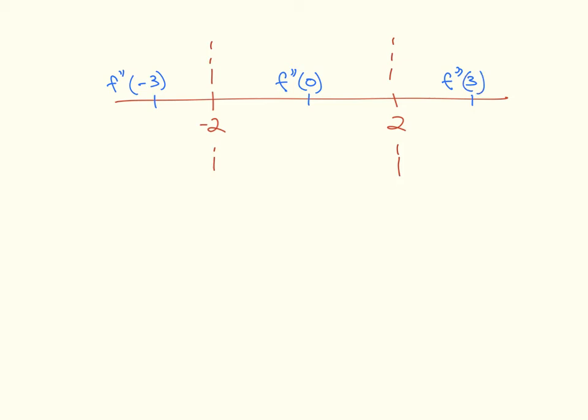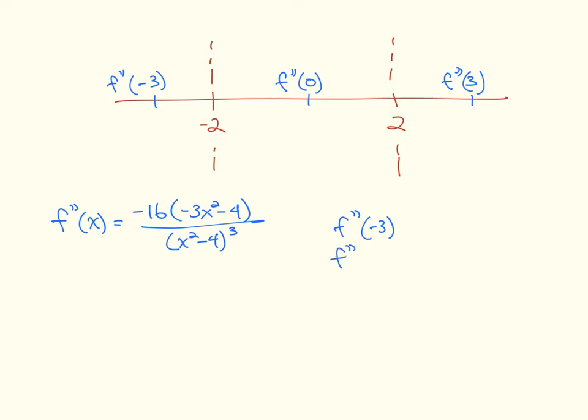So when you go back and look at the second derivative, which is here, and evaluate the second derivative at each test value, f double prime of negative 3, f double prime of 0, and f double prime of positive 3, the only thing that needs to be checked is whether or not these values are bigger than 0, or if they are less than 0, and that will tell us whether an interval is concave up or concave down.